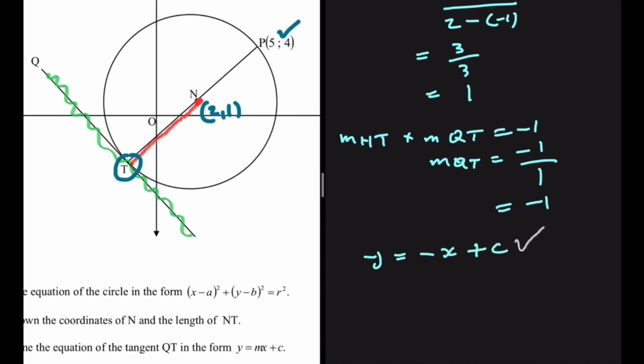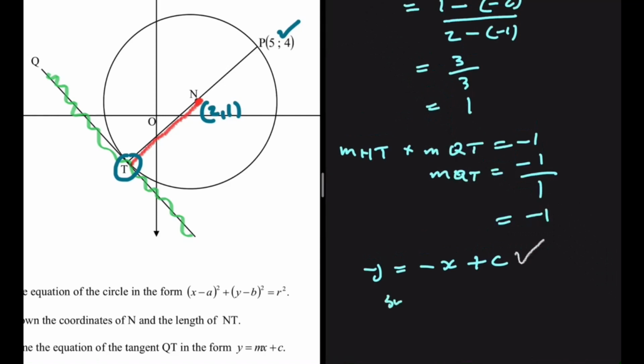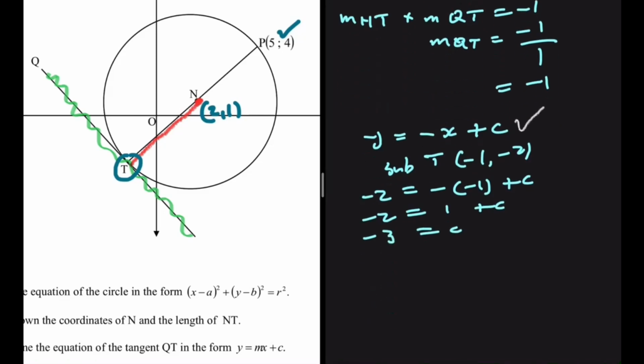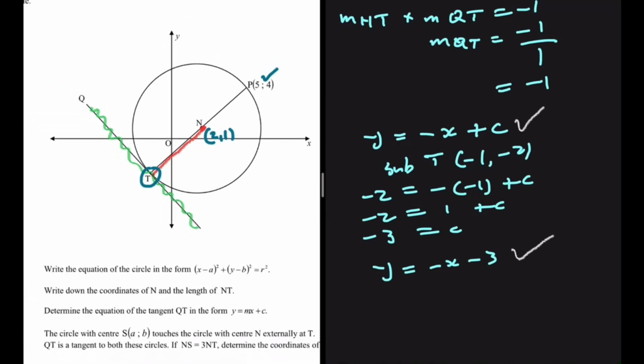Now we just need to find c. We're going to substitute the coordinates of t, minus 1 and minus 2. If we do that, we get minus 2 in place of y and minus 1 in place of x, plus c. So minus 2 is equal to 1 plus c, so minus 3 is equal to c. So now we have y equal to minus x minus 3. And now we have the equation of qt.